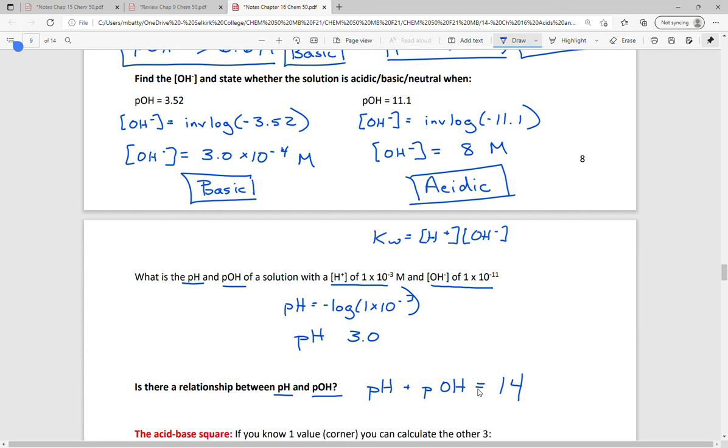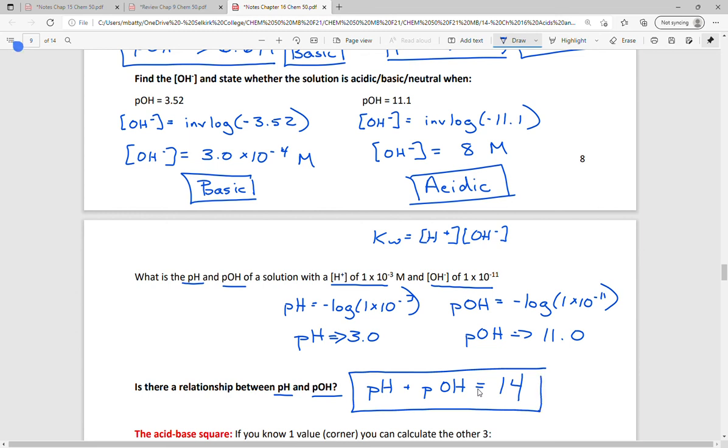In this one, the pOH would be a negative log of 1 times 10 to the negative 11, or a pOH of 11. Well, these two, 3 and 11, do add up to 14.